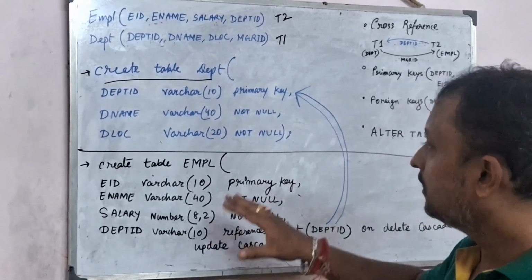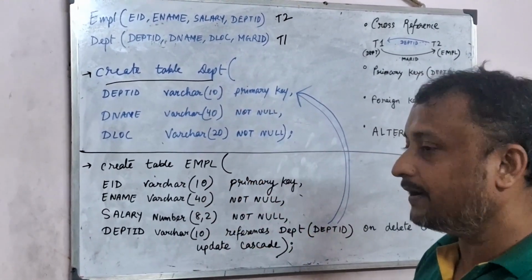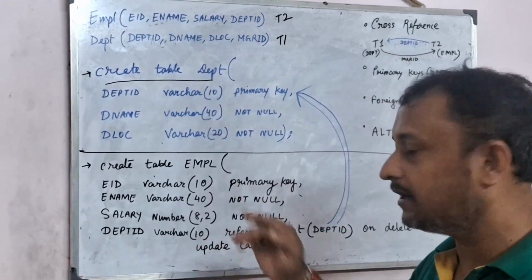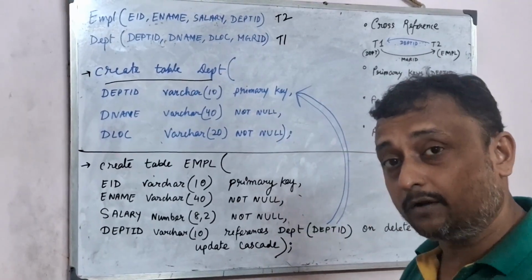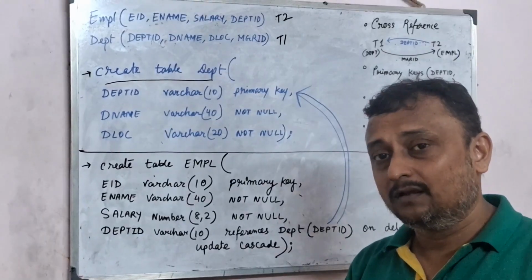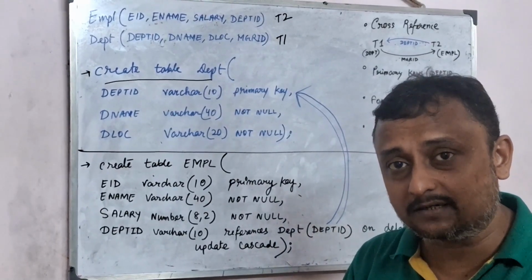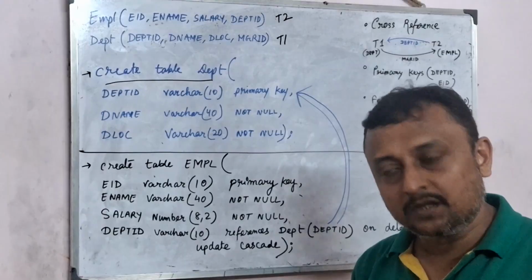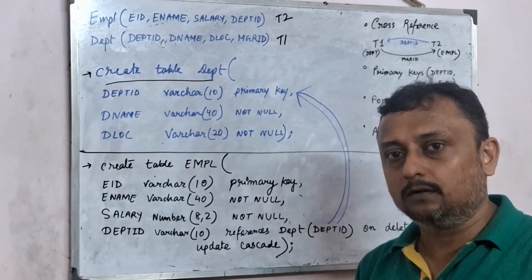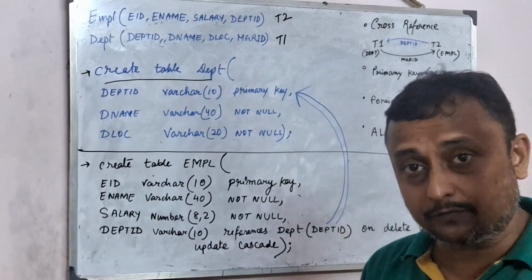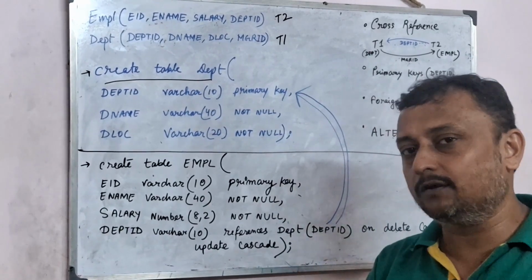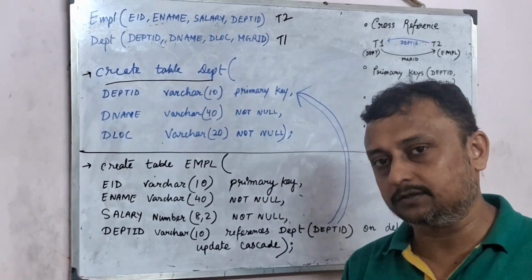Why? Because employee data is dependent on the department ID or department table, because when an employee is going to enter in the table, in which department he or she has entered, that record is important. Now in the employee table, it is very unusual to directly mention for the first time the name of the department, because department is another category of information for any organization.